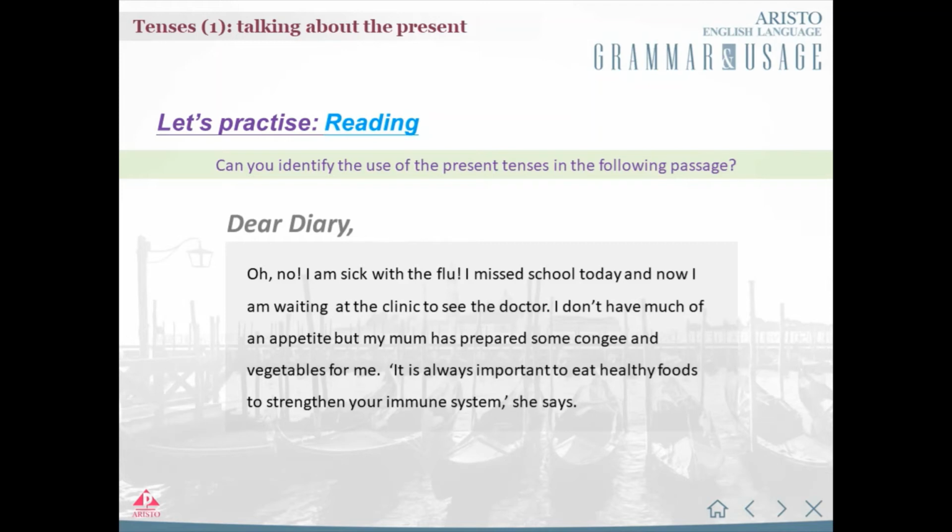The answers are now on the screen. The answers are am waiting, don't have, has prepared, is, and says. Did you get them right?